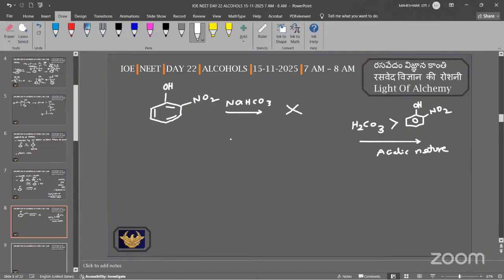See, one more NO2 group is introduced: ortho-para-dinitrophenol. So there are two NO2 groups. Then the conjugate base is stabilized. When the conjugate base is stabilized, the reaction is possible. Right? So what is the product?